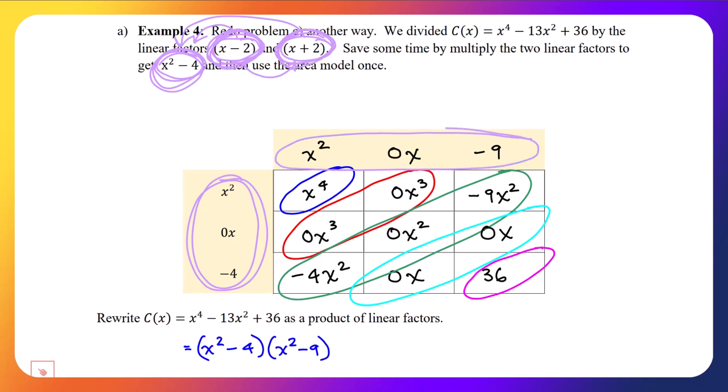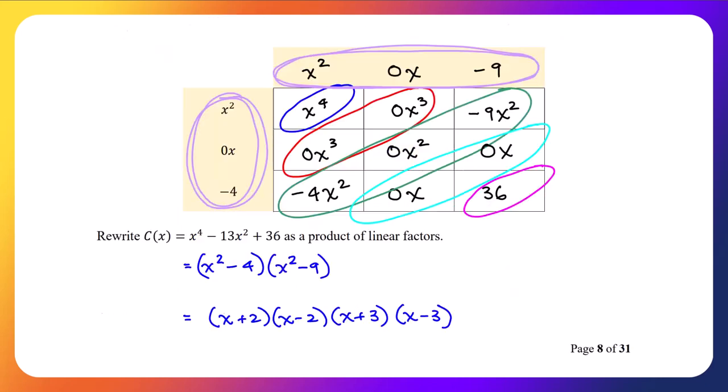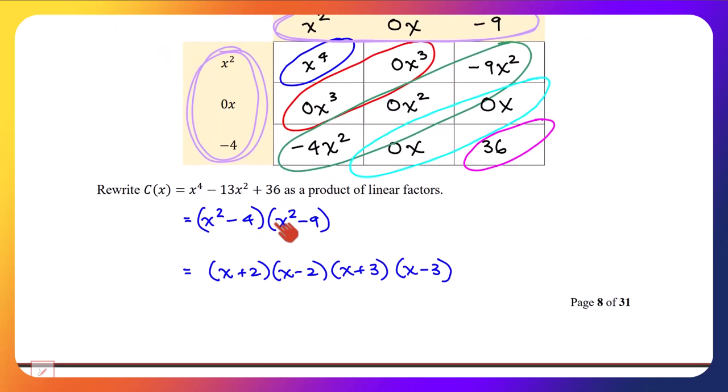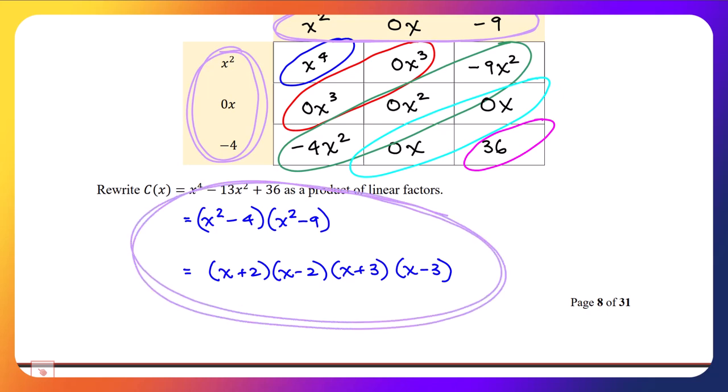And voila, we get the x squared minus 9 again. I won't go through all the steps because hopefully by now the area method should be pretty clear. And we're back to what we had in that previous example.